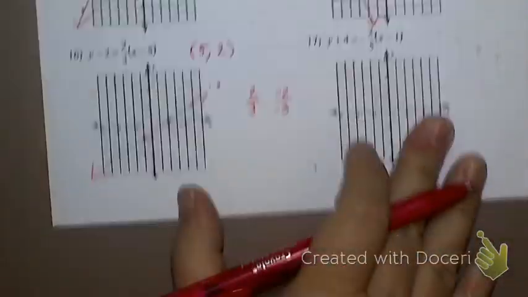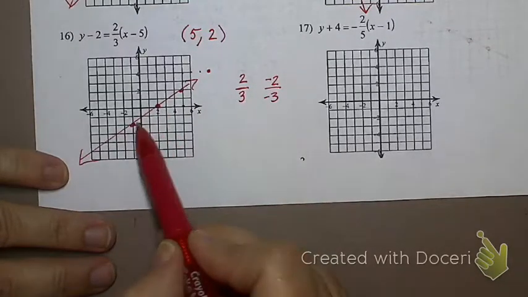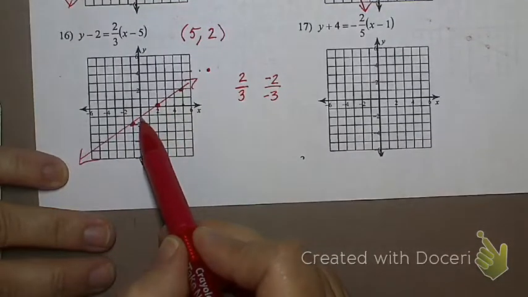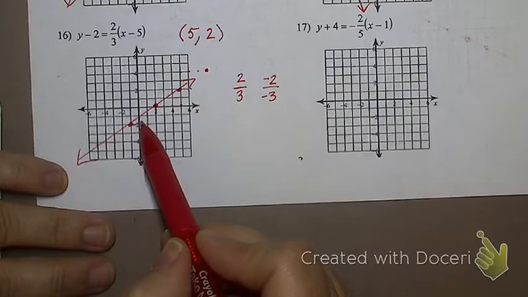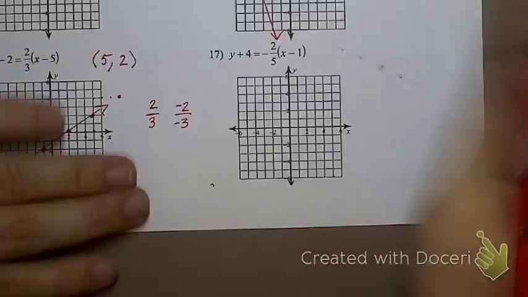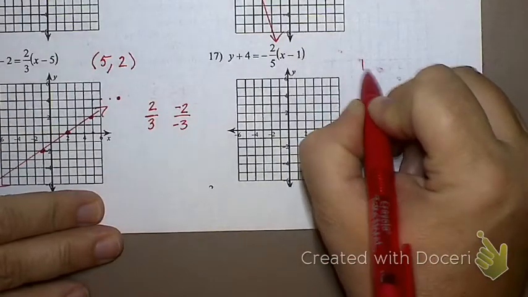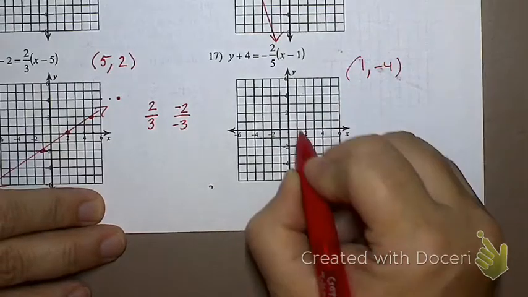And we had to do that before with our slope-intercept. Do you see how, now mine looks pretty close, but that would have been hard to identify as y-intercept from. So sometimes point slope is actually more helpful. All right, what's my point here? 1, -4. 1, -4.